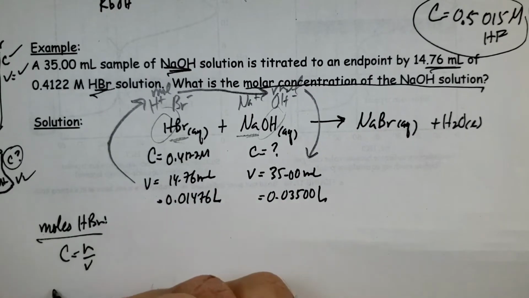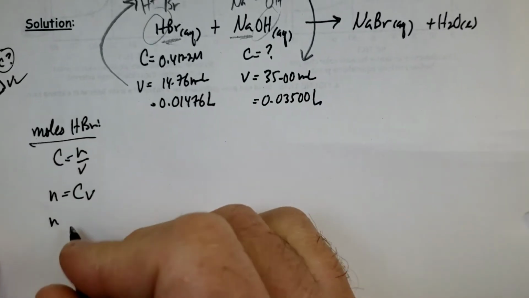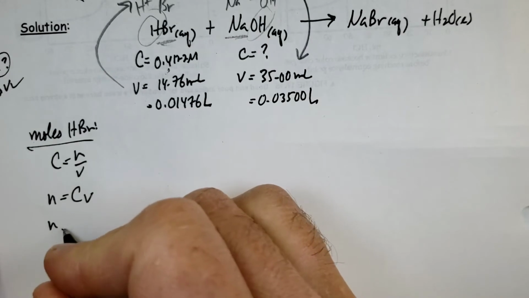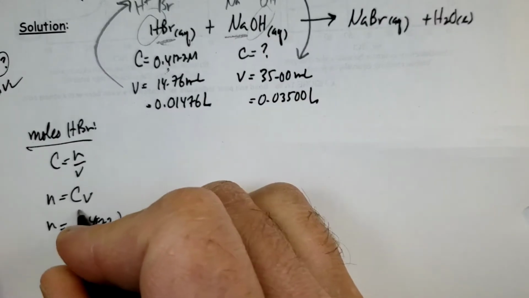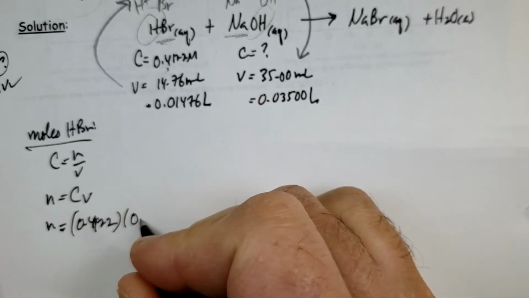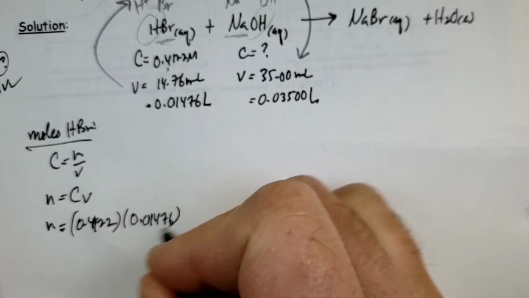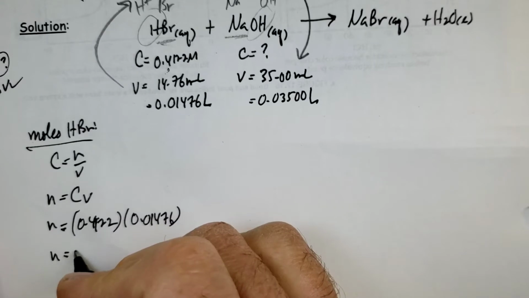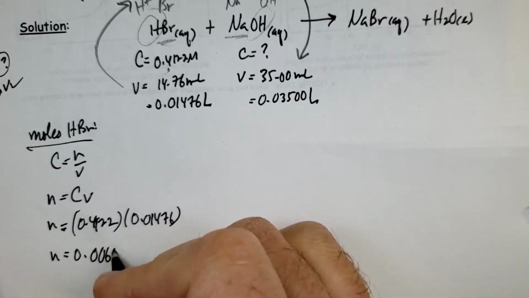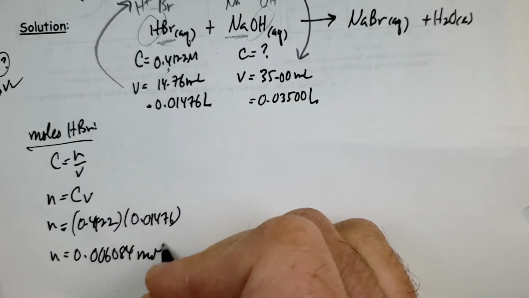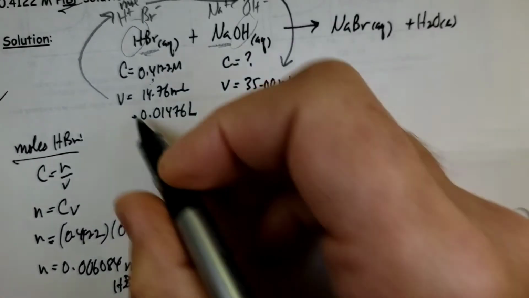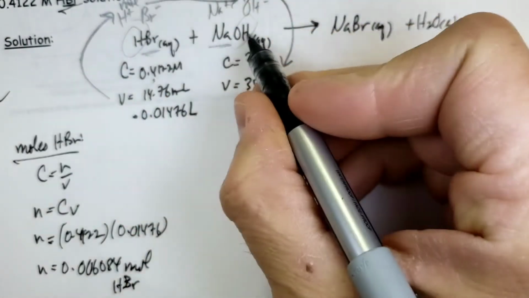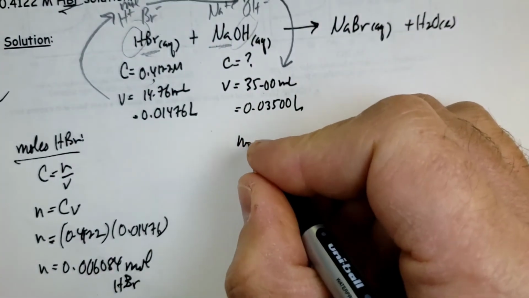We're looking for little n because we know big C. The big C here is 0.4122. The volume is 0.01476. So that's going to give us 0.006084 moles of HBr. So we know what the moles of HBr is. Now we need to figure out moles of NaOH.